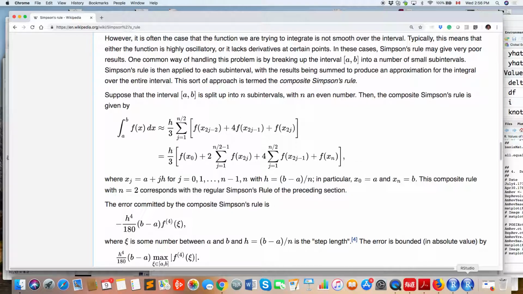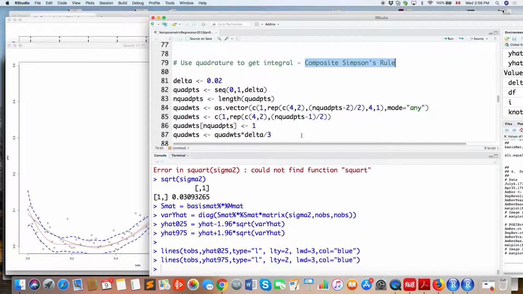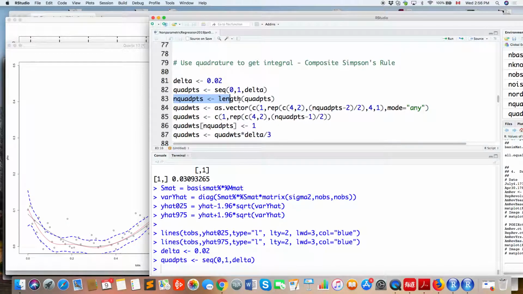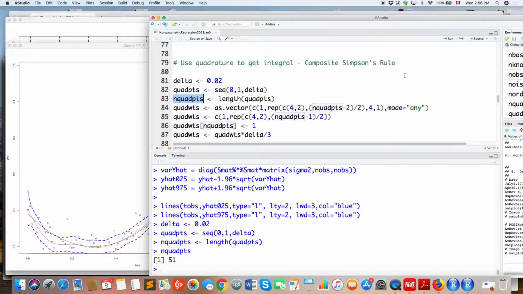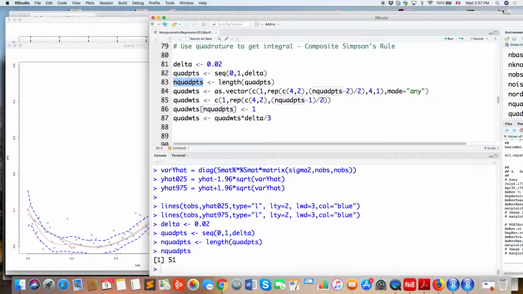So now let's go back to our code. I defined the quadrature points between 0 and 1, every 0.02. The number of quadrature points is equal to 51, so it's an odd number. The number of quadrature points for Simpson's rule has to be odd, and then we can put in the weights. The weights will be 1, 4, 2, 4, 2 until 1, right?